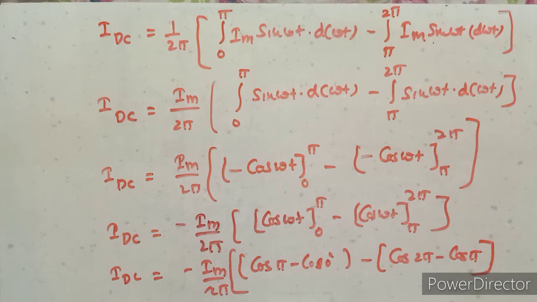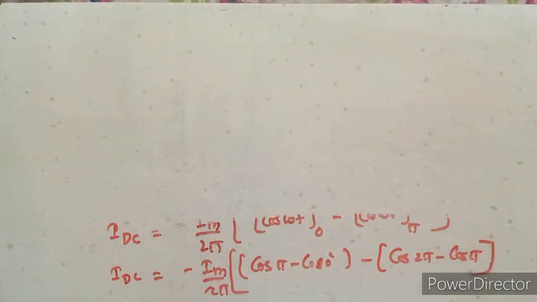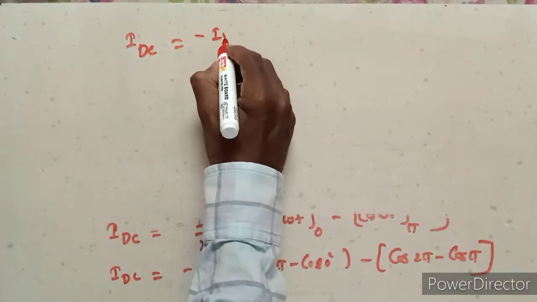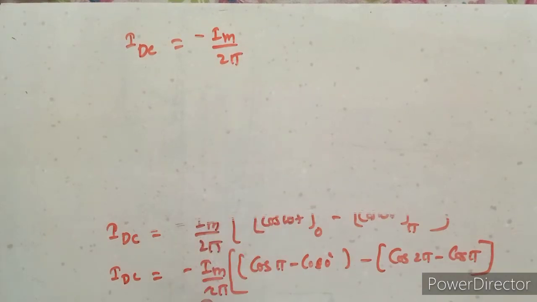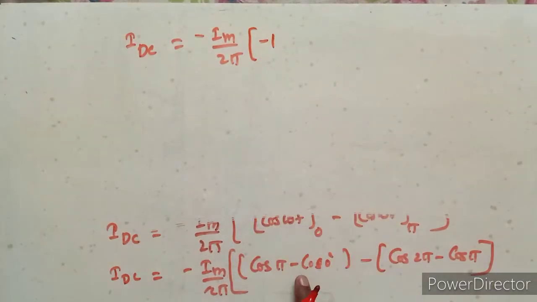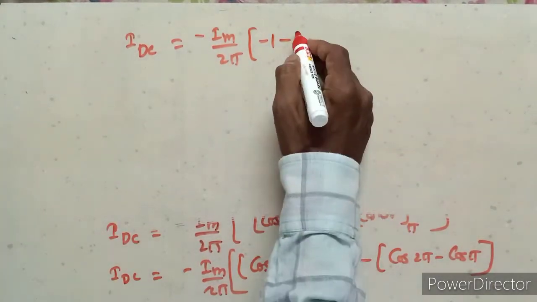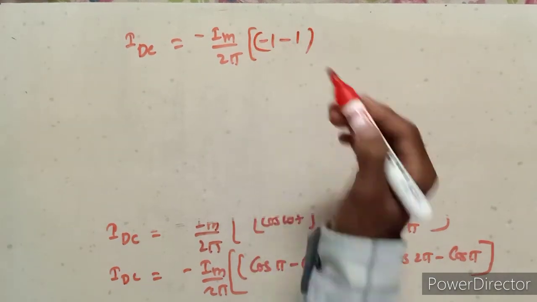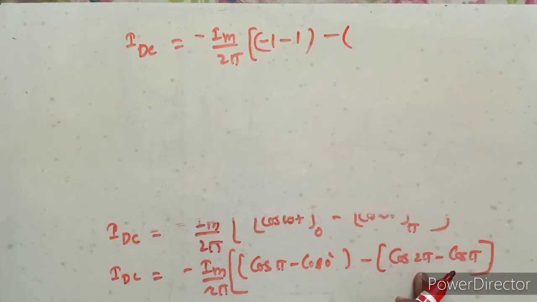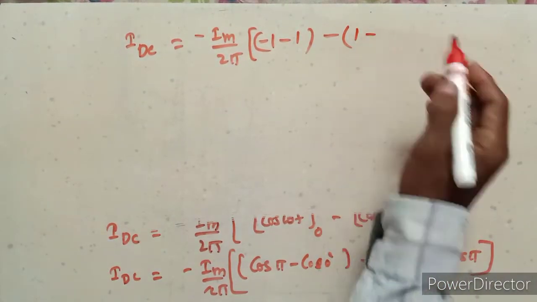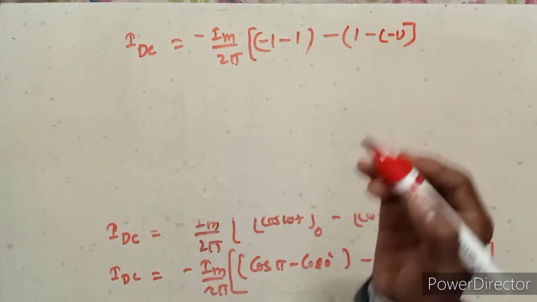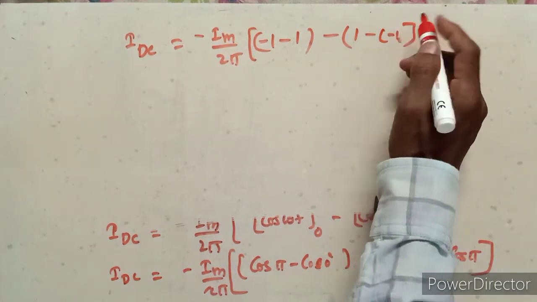These values are substituted in this equation. The DC value of the current equals minus Im upon 2 pi, here cos pi is minus 1, minus cos 0 value is 1. Then minus, cos 2 pi is 1, minus cos pi value is minus 1, so minus minus 1.